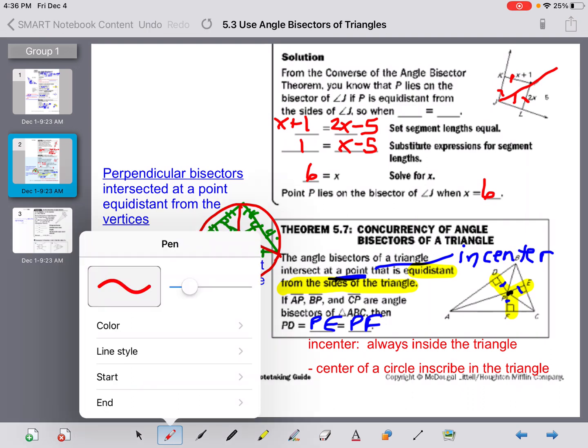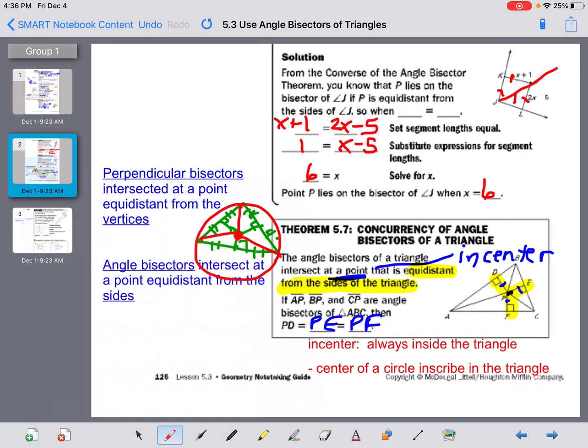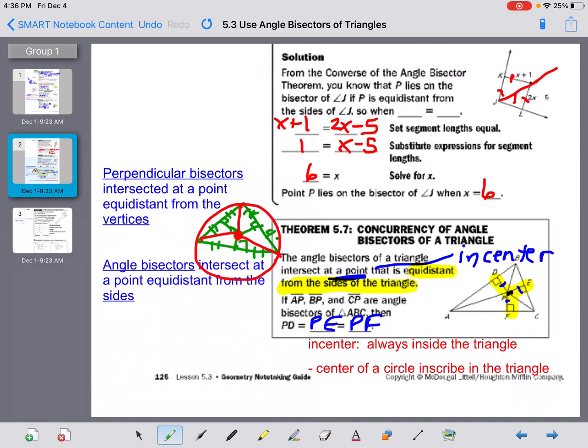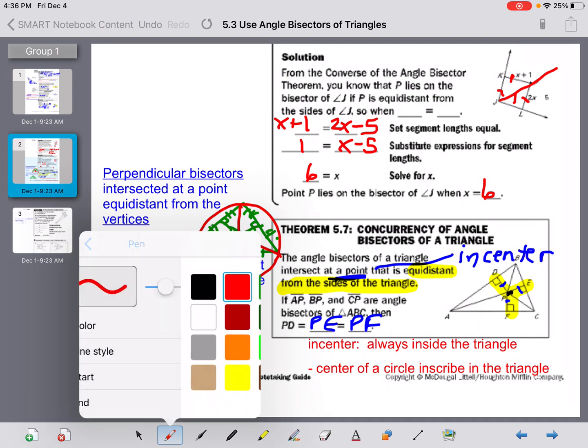Today, okay, I'm just going to try this the same way. All right, today with my triangle, I'm going for the angle bisectors, right? So this is where my angles are cut in half. And this is going to be really great because that one definitely was not where it should be, but it's going to work. Okay, today we have the angle bisectors, and they meet at the incenter, okay?